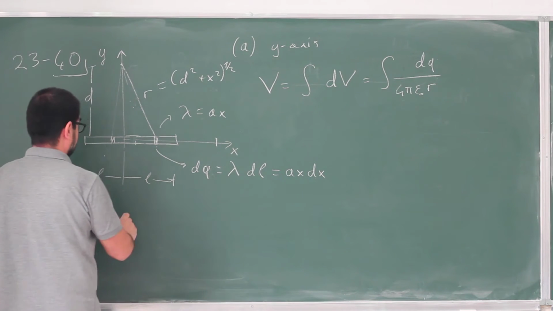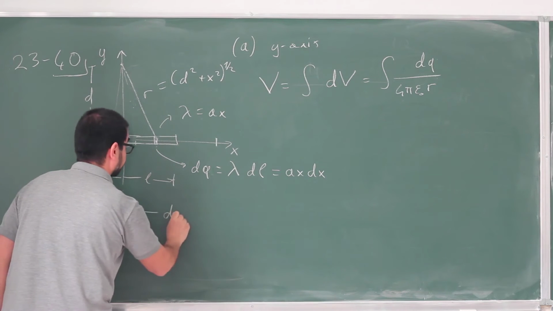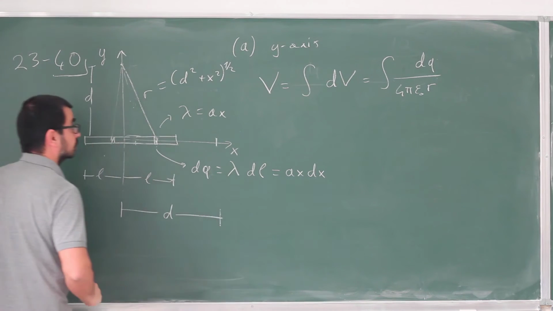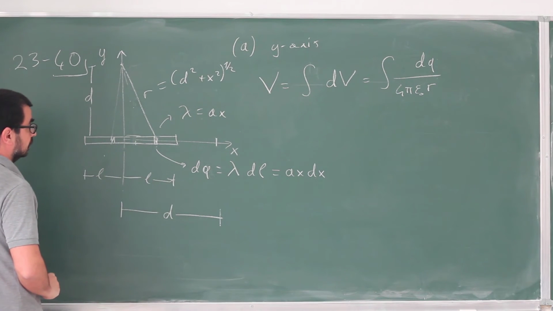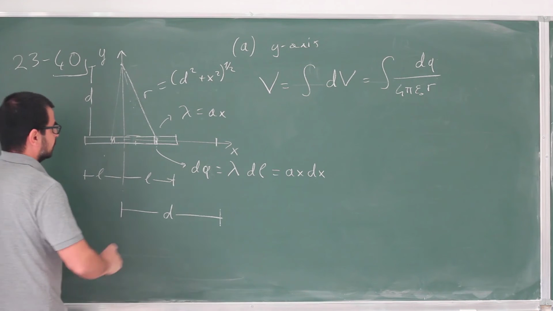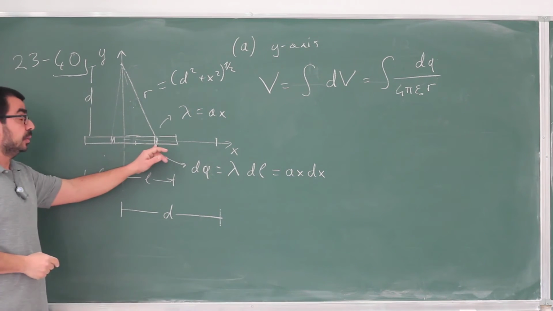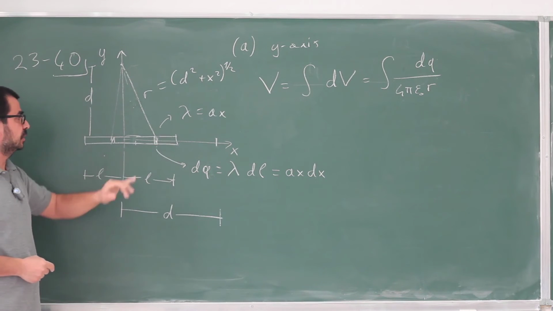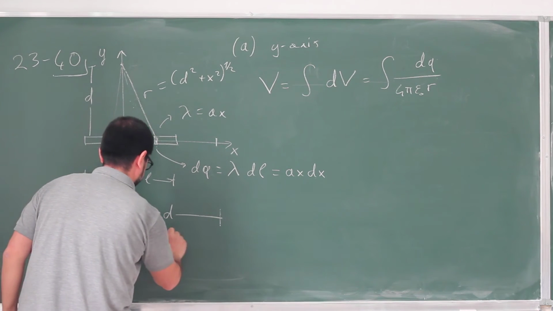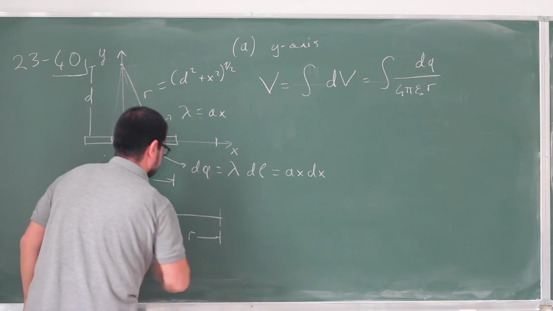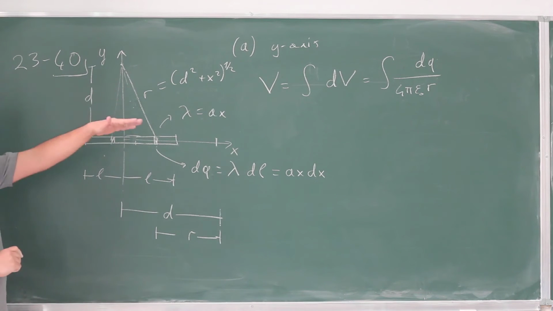So that point is now going to be at distance d. Okay, so I'm going to calculate the potential at a point d. And the distance between this point that I'm choosing and the point that makes the contribution to the potential is going to be r.